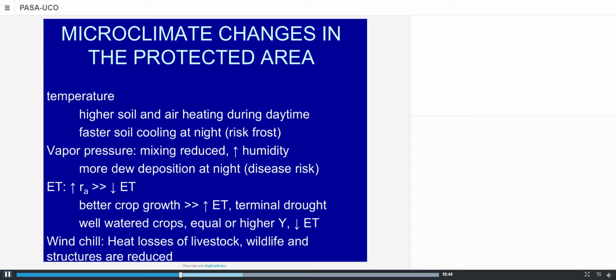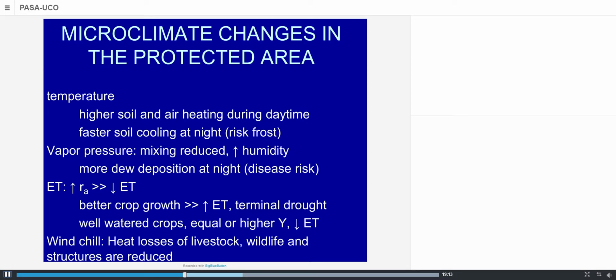The reduction in turbulence also affects the vapor pressure. As mixing is reduced, we will have more humidity close to the crop. The higher vapor pressure close to the crop, along with the reduced temperature during the night, will increase the dew deposition at night.